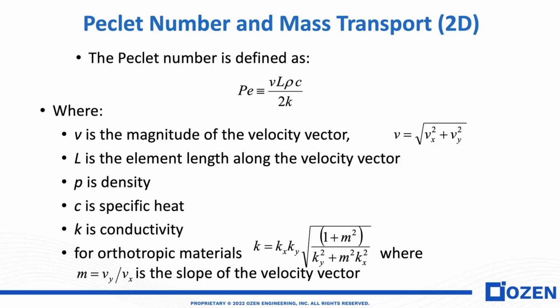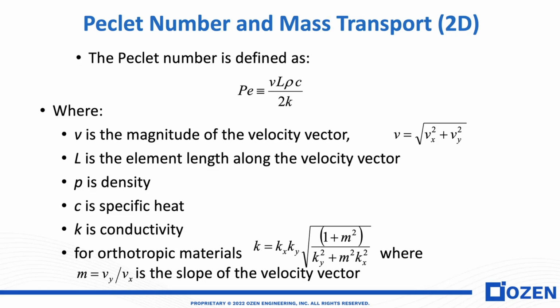Now we can also define a non-dimensional Peclet number. And the Peclet number is defined by this equation here. Again, it's non-dimensional. And in that equation, nu is the magnitude of the velocity vector, and capital L is the element length along the velocity vector.